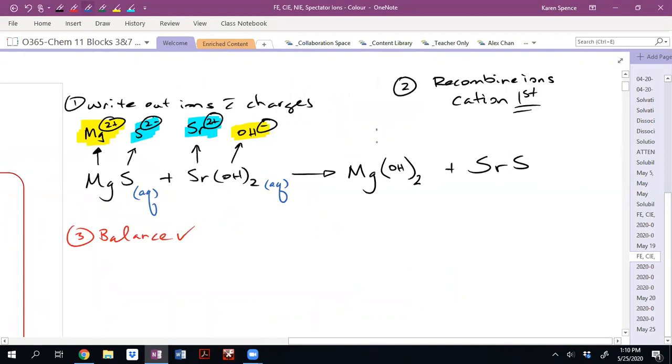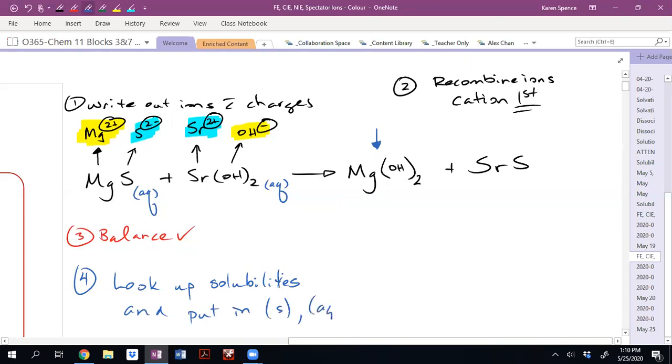So we are going to look up Mg(OH)2. And remember, when you look up things, this is step four, look up the solubilities and put in solids and aqueous.